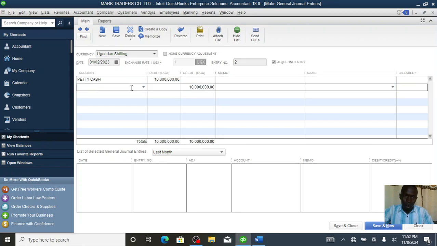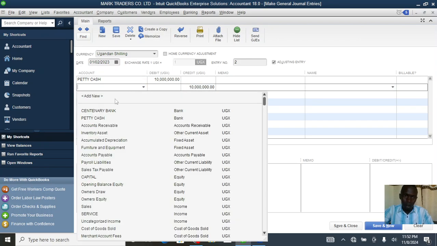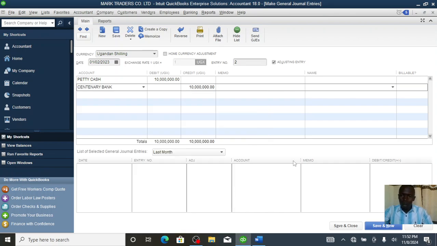Then we credit the bank, which is Centenary Bank. The date is 3rd. Then the rate does not apply. Then we save and close.